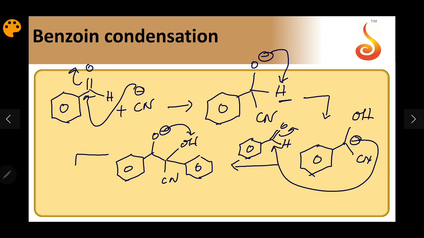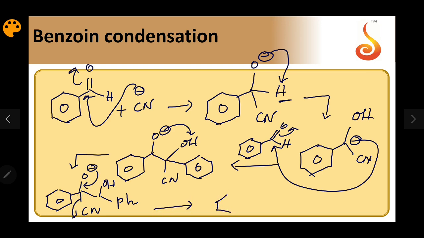So, I will get it like this, O minus and CN, CHOH and Ph. This O minus will come back, CN will go out, forming the corresponding benzoin. That is the mechanism. It happens only in the presence of alcoholic potassium cyanide.